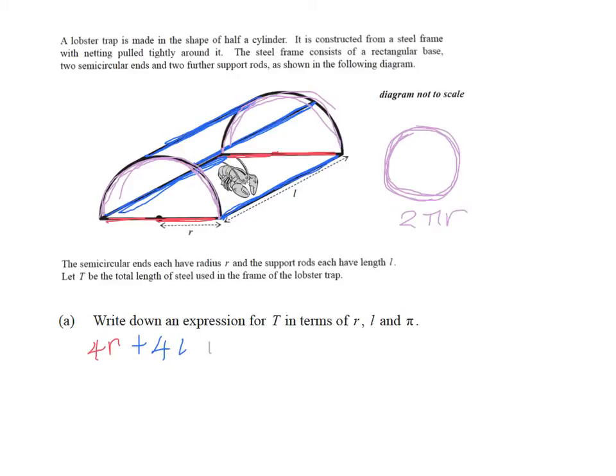So the sum of all our lengths, the red part, which is 4R, the blue part, which is 4L, and our circle in lilac, which is 2 pi r, gives us our expression for T. T is equal to 4R plus 4L plus 2 pi r.